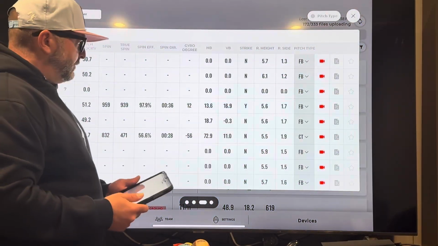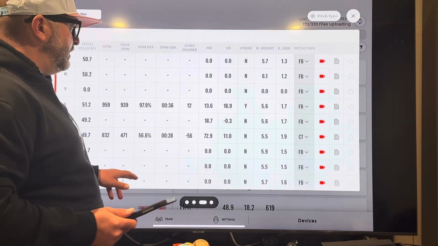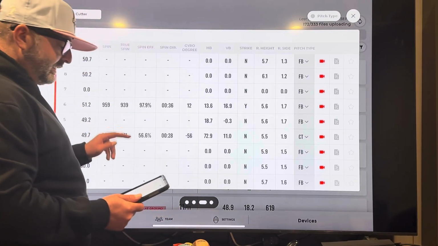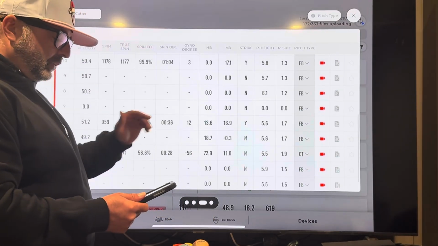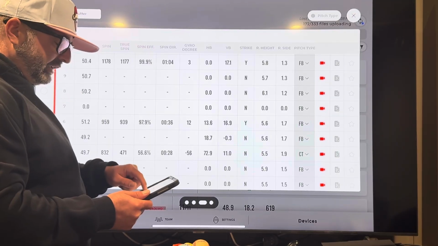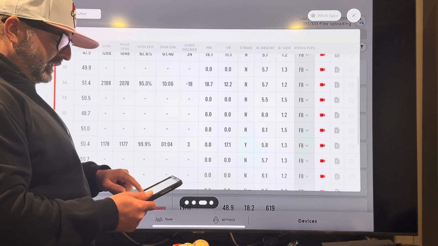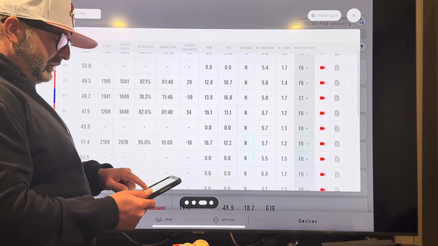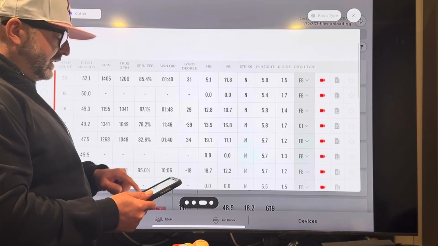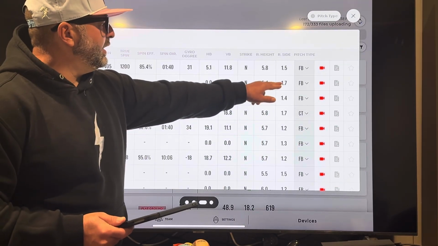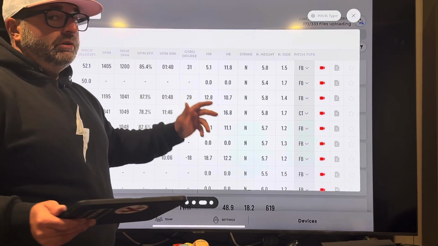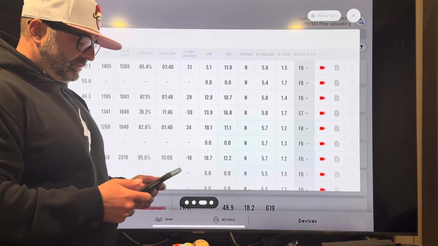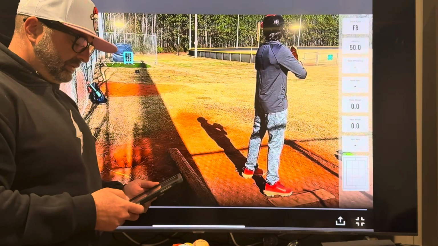Now, if we look at some of the other pitches here that didn't get data, we can see that they're either way in or way out. A lot of them, but you like this one up here, right? Fastball 1-7. It was too far out of the zone to pick up. Could have been a cutter, we don't know. Let's take a look at it.